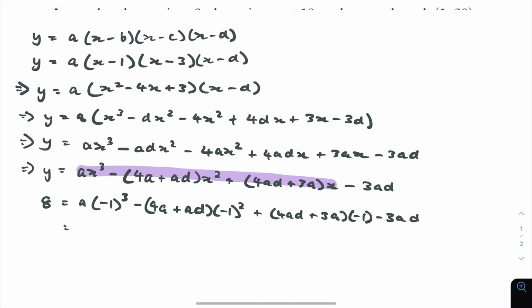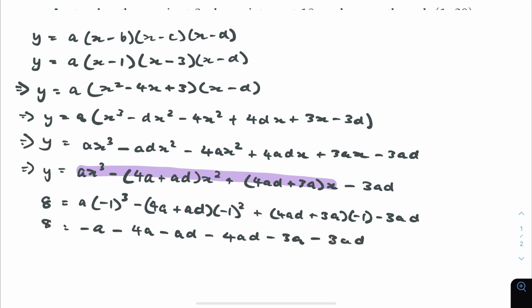So (-1) cubed is just -1, so it becomes -a minus, and then (-1) squared is just 1, so we're left with minus 4a, and then minus ad because of the sign. Because this is multiplied by -1, it makes the whole thing negative, so -4ad minus 3a minus 3ad.